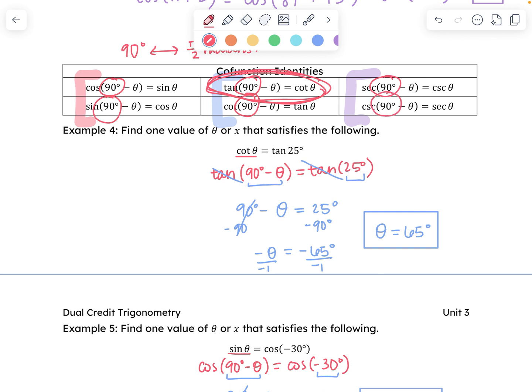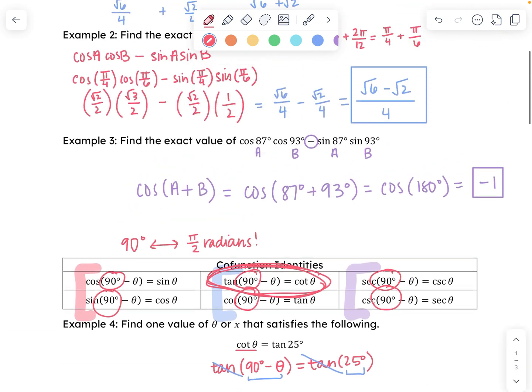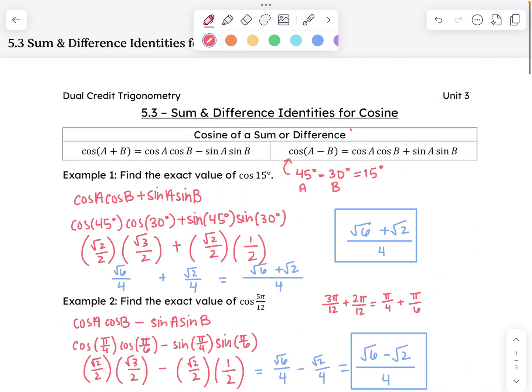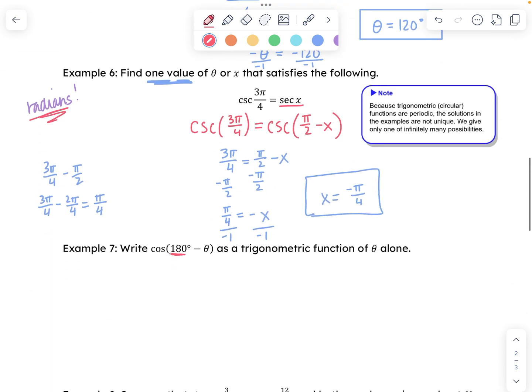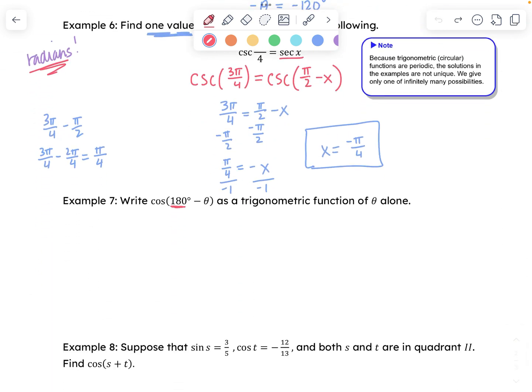So you have to be very, very careful that you're paying attention to when to use a cofunction identity and when to use a sum or difference identity. Since this one has 180 degrees, we cannot use a cofunction.